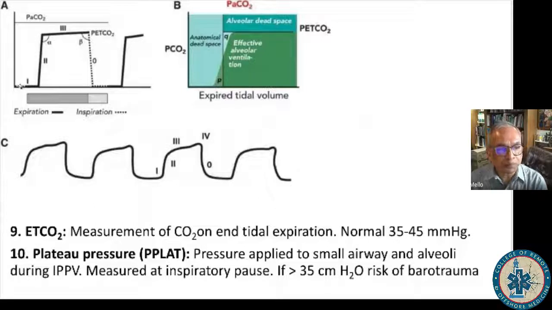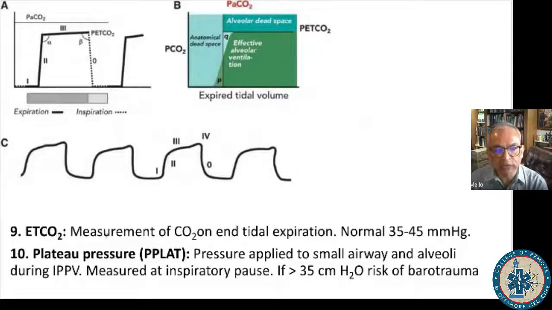So your classical capnogram shows the expiratory phase and then the inspiratory phase, and the angles between phase 2 and 3, the alpha angle or the beta angle, are important when working out the different aspects of waveforms and working out what is going on.